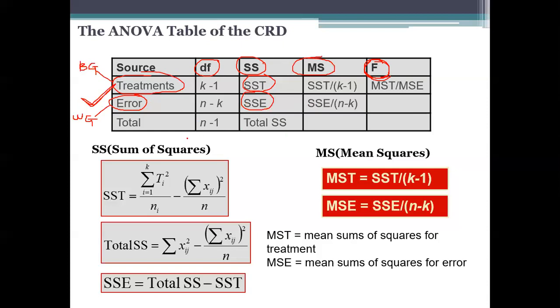That is why it is important to draw the table, because we can see what values we need to insert in this table to get the final value of the F test statistic.